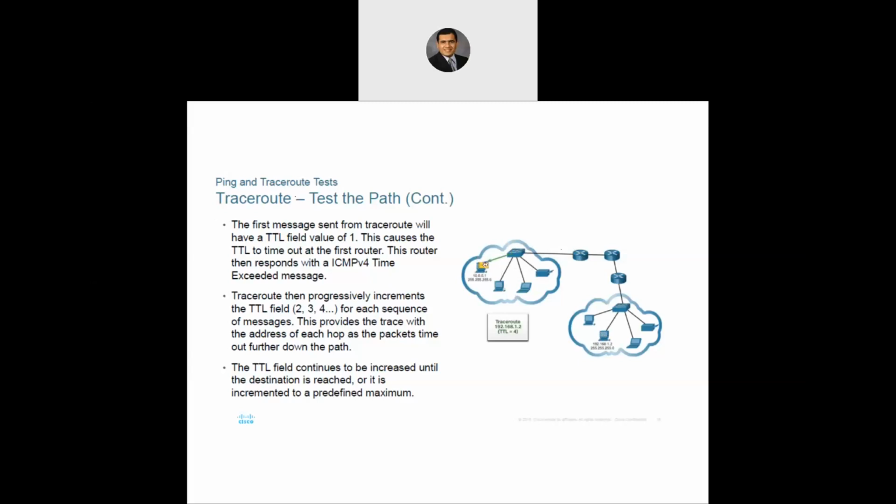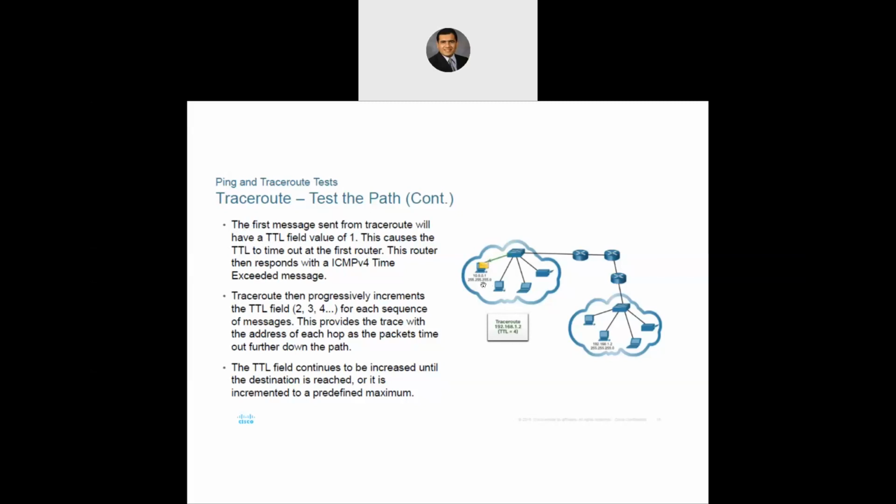It starts with 1, 2, 3, 4. So the TTL is 4. When I say hops, remember I'm always talking about routers. One router would be one hop. But since it starts with 1, the first message sent from a traceroute would have a TTL field of 1.